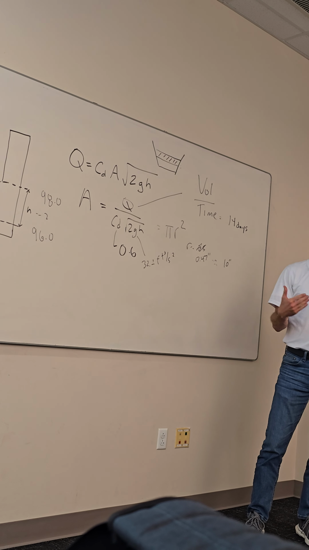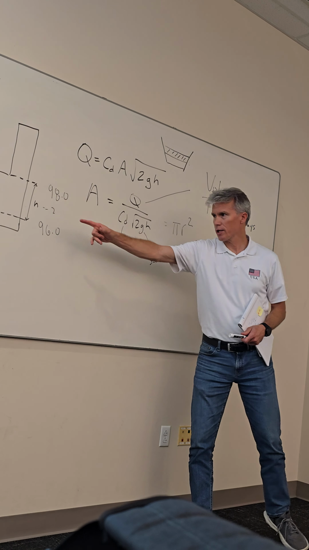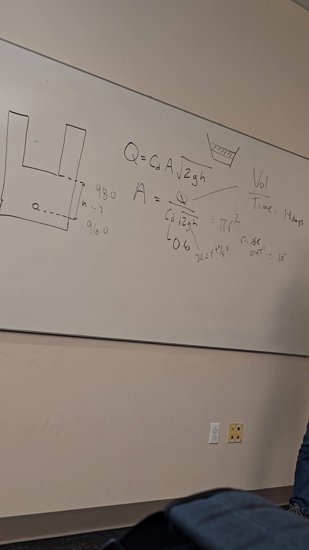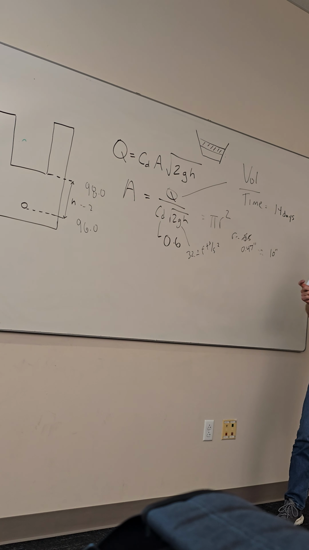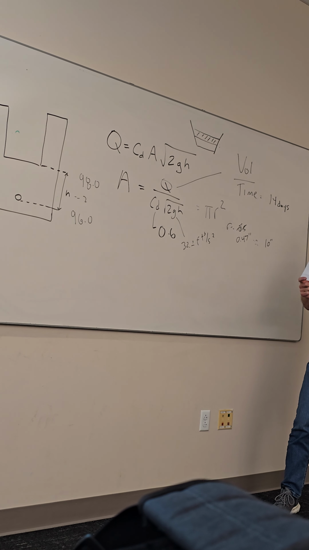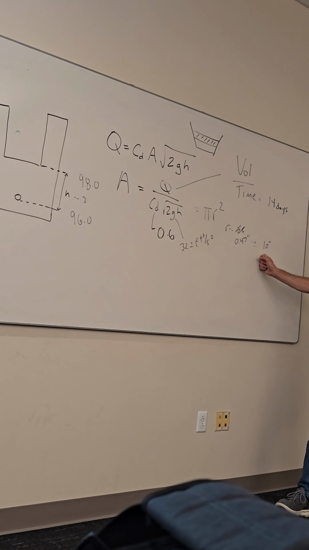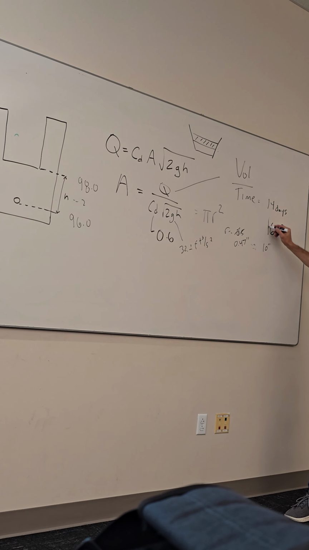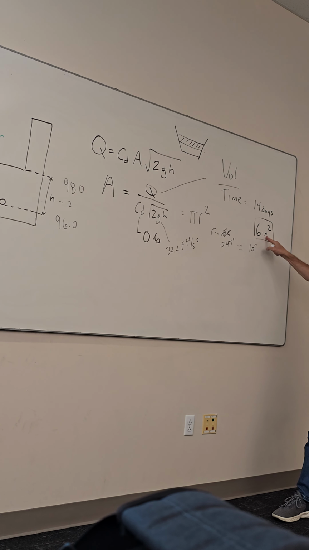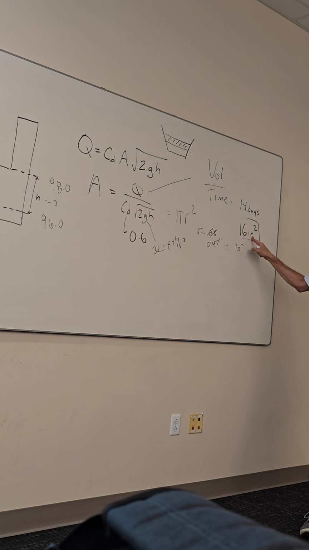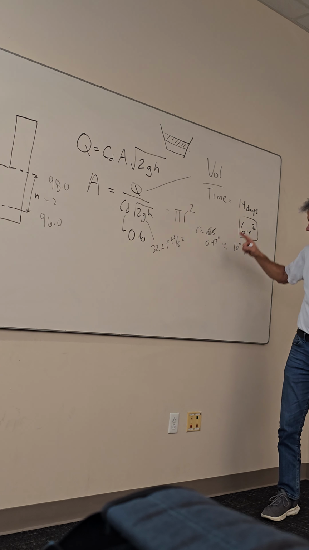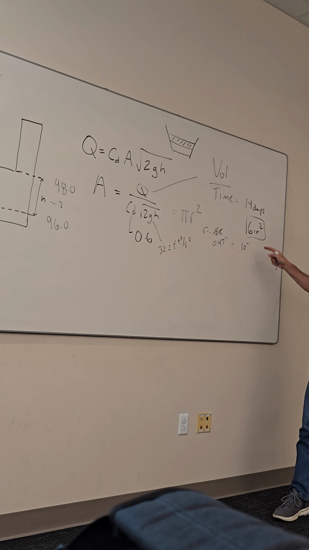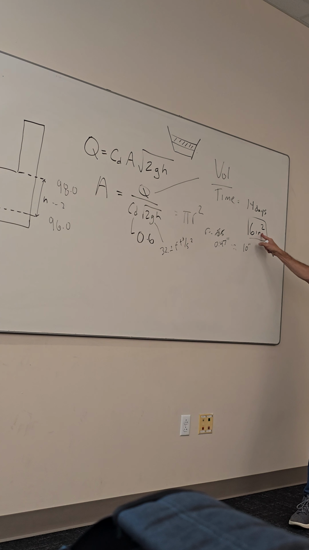Now, St. John's has a requirement that that orifice has to be at least 6 square inches in area. So if you do a quick calculation, you can figure out what that diameter is. If you come up with a diameter that's less than 6 square inches, you need to use this diameter. Okay? So if you do this calculation, and you get some small number, you have to use this dimension here, okay?